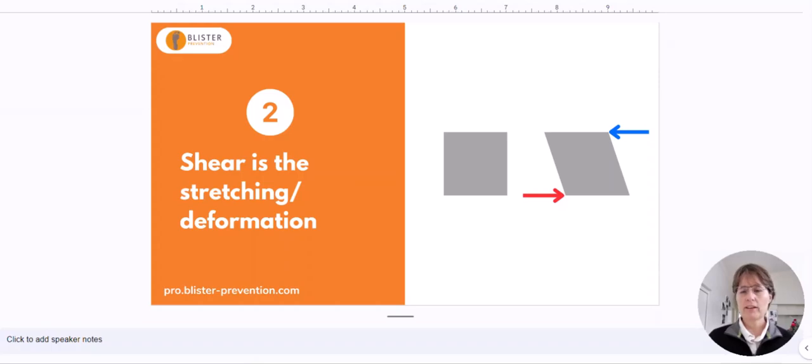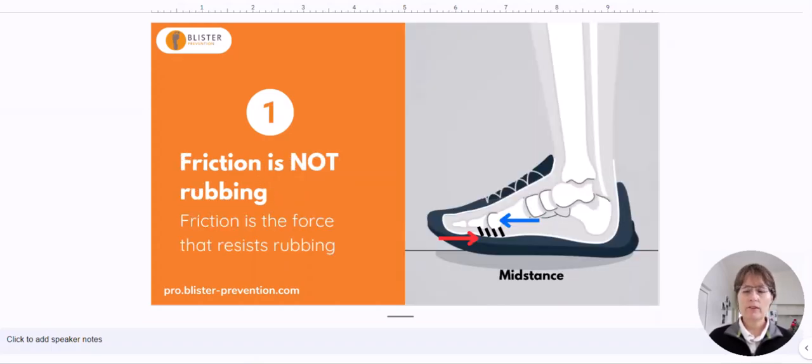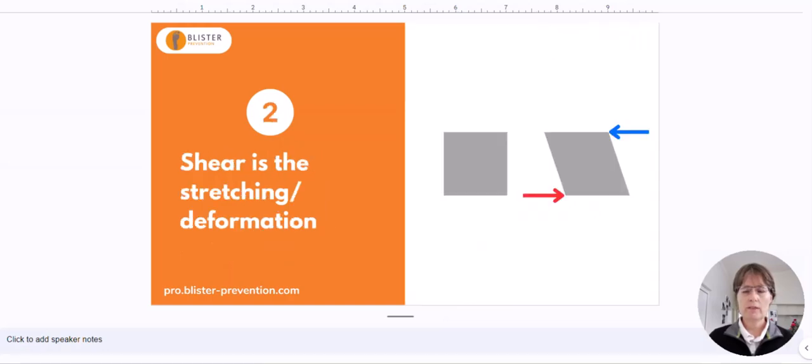Shear is the stretching or the deformation. Now the colour of the arrows are the same here. So the bone movement is the blue one. So at the top of this, let's say viscoelastic box, we've got a movement force trying to move that box to the left. Friction at the base of the box is resisting that motion.